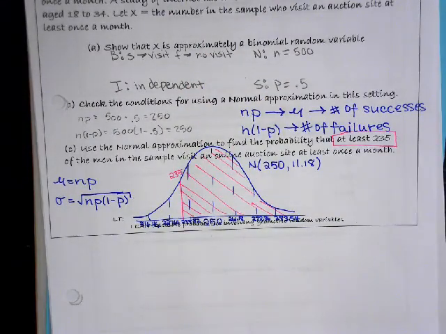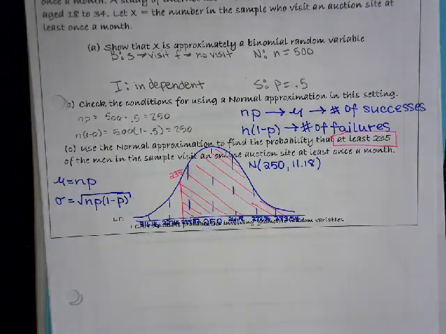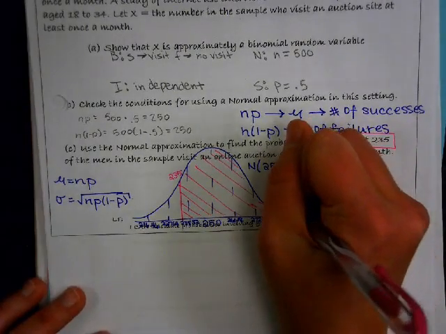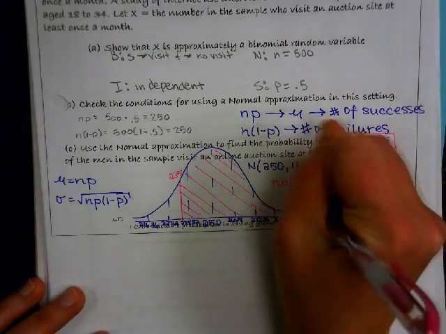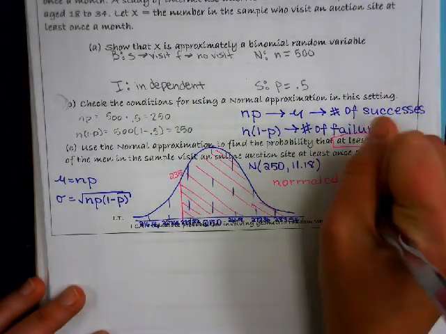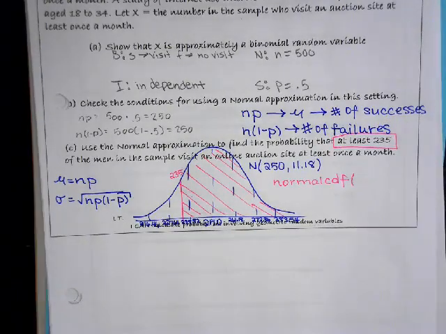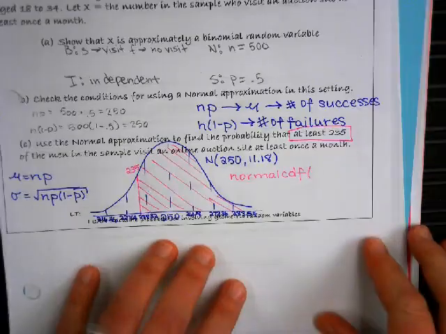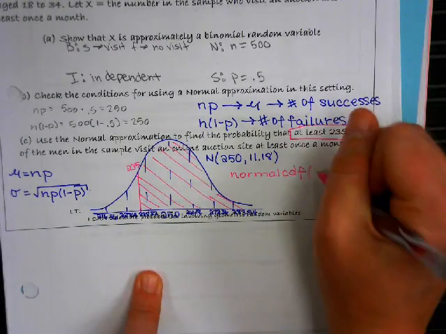So it's a normal curve. So what's our calculator function? Normal CDF. Thank you, Maggie. You did get the norm part right. All right, so lower bound is 235, upper bound, big number.